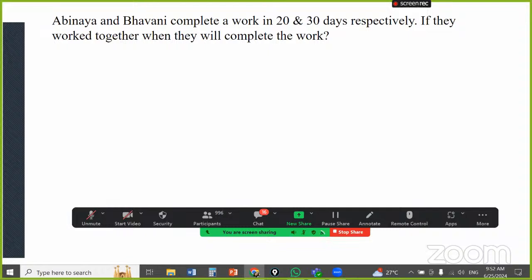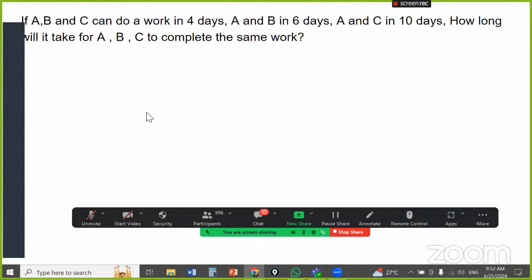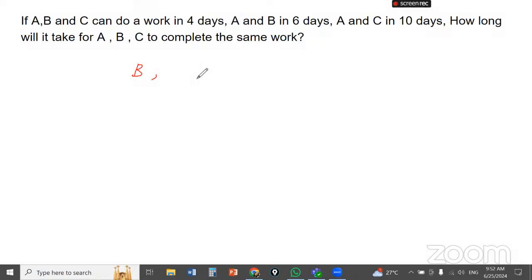How did you get? Are you asking for the previous one? If it is for the previous one, we found B and C. We found the value of B and C already. So I took this A plus C 1 day work as 1 by 10. That is what is given.